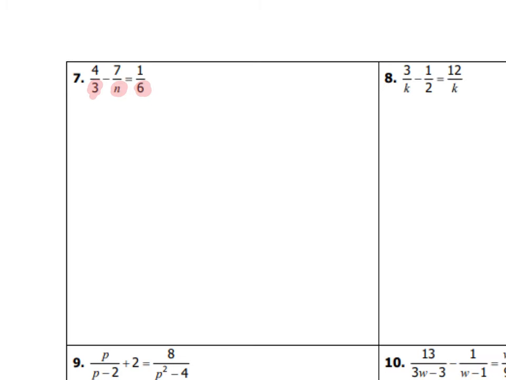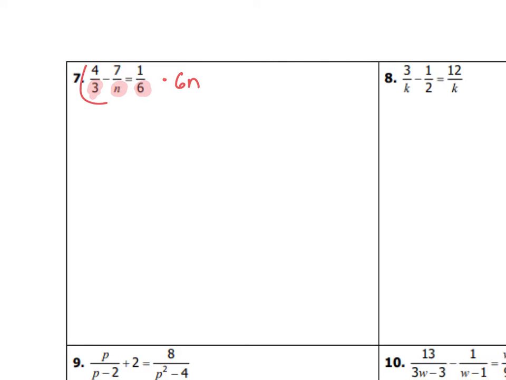So to find a common denominator, when we have monomials, we need one big term, okay? So 3 and 6 both go into 6, and I need to include the biggest variable, which is n. You gotta include every variable that's in the denominators, but pick the one with the highest exponent. So in this case, we only had 1, and it was n to the first. Does that make sense? Okay.